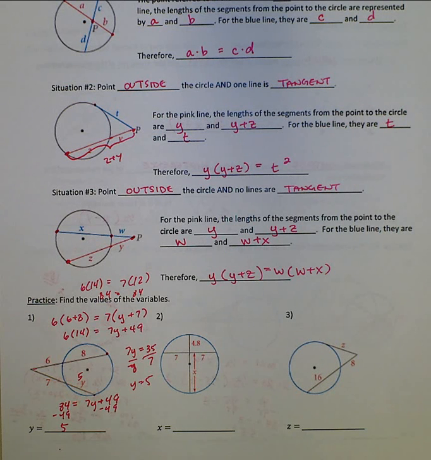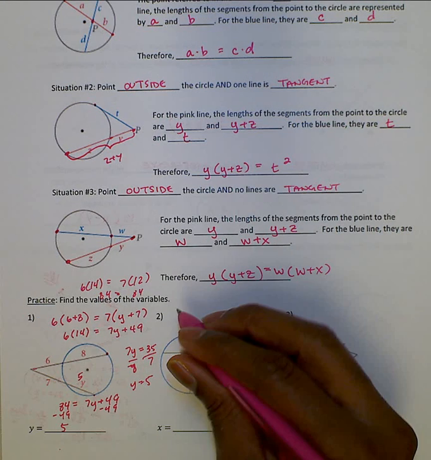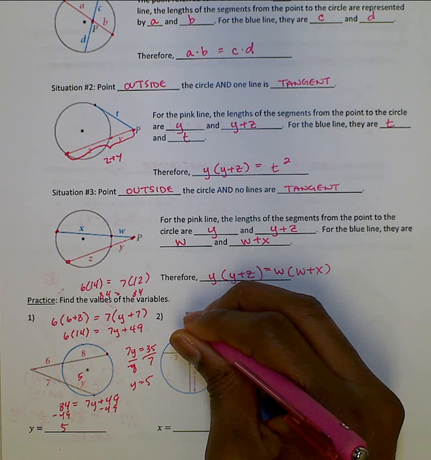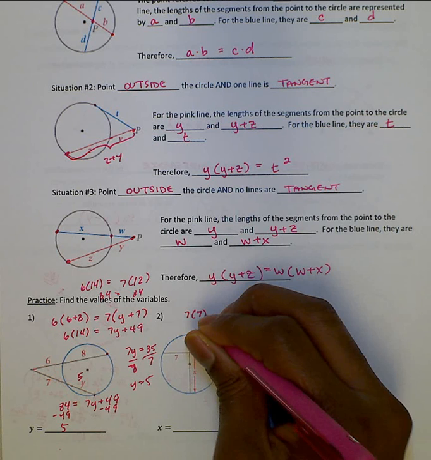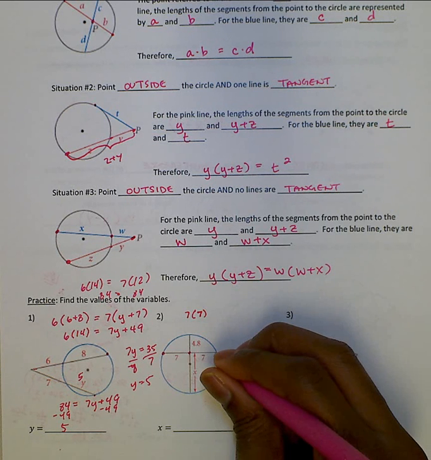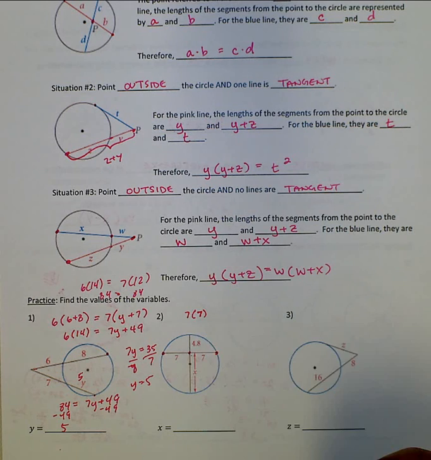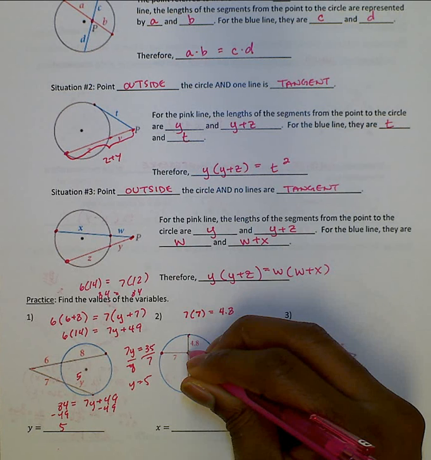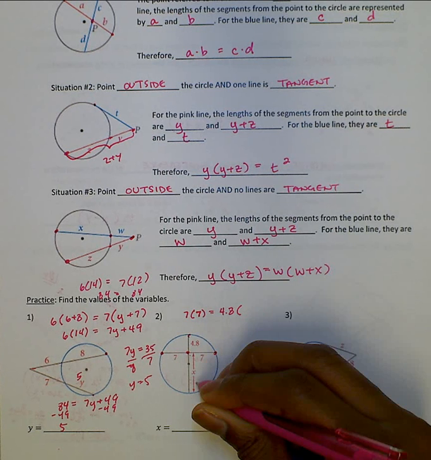All right. Number 2, we see two lines intersect inside the circle. And so we know that we should have 7 times 7, because from the circle to where they intersect is 7, from the circle to where they intersect is 7, equals 4.8 from here to here times x.